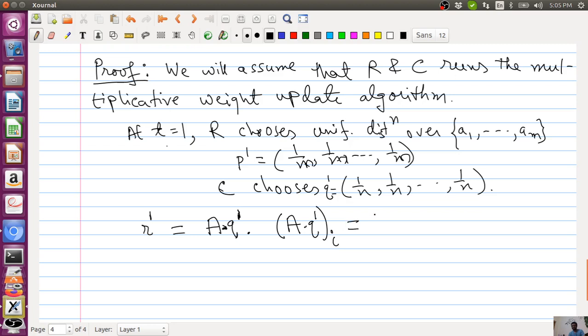So this is summation k from 1 to n of A_ik times Q1_k, the kth entry of Q1.